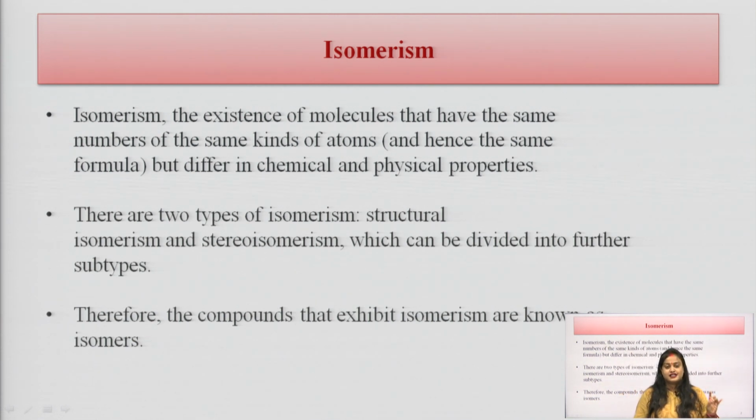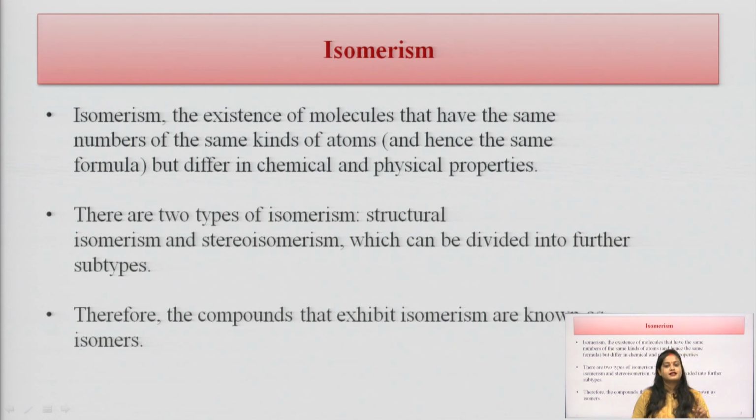But in stereoisomerism, the compounds have the same molecular formula and the same structural formula, but differ in the spatial arrangement of the atoms. Okay. And it is divided into two parts: first is geometrical isomerism and second is optical isomerism.